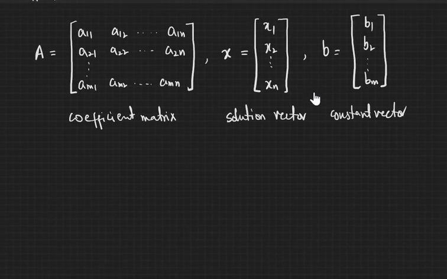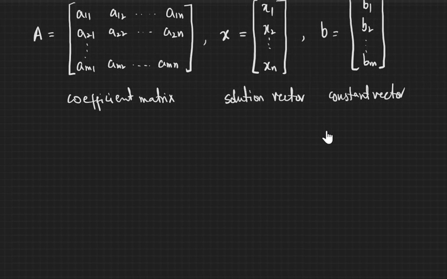The augmented matrix of this general form of system of m linear equations in n unknowns is written as A sub B, which can be obtained by combining the coefficient matrix with the constant vector.